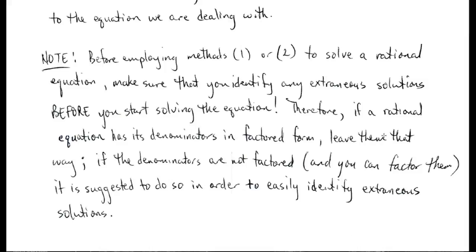And so one suggestion that I have here is that anytime we have these rational expressions, try to factor the expressions as much as you can so that you can clearly see what values of x make the denominators of your rational expressions in your rational equations equal to 0.